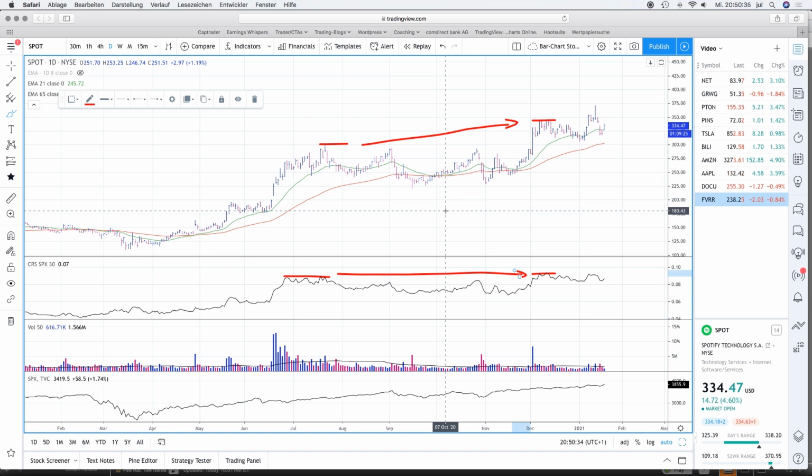Okay, I hope that this video helped you to understand the RS line a little bit better. And to sum it up again, the 3 states I observe in the RS line is either a divergence, positive or negative. So that means new price highs not reflected by the RS line is a bad sign.